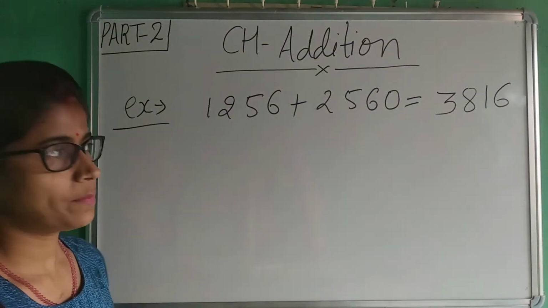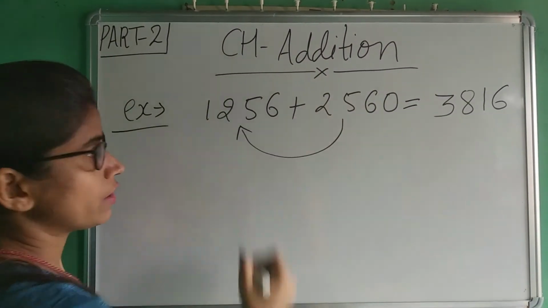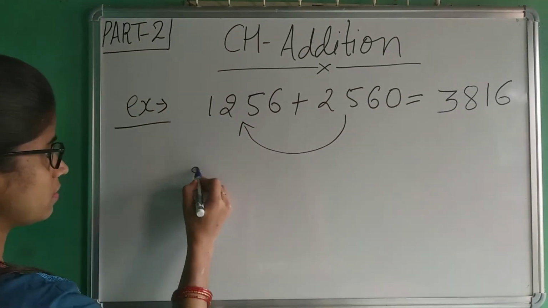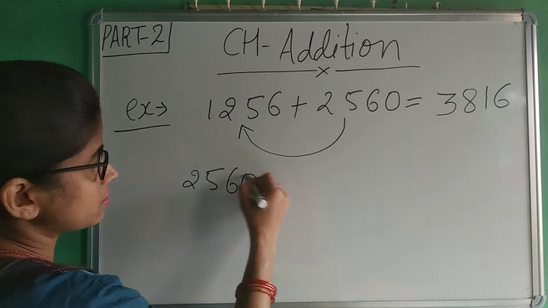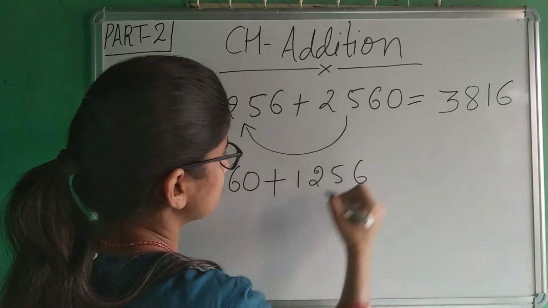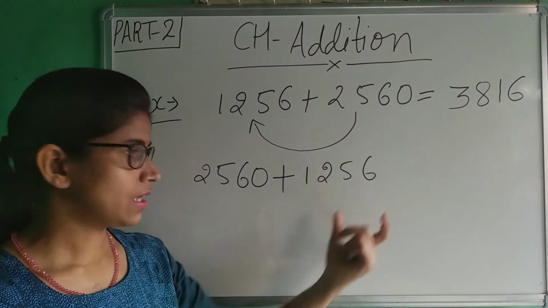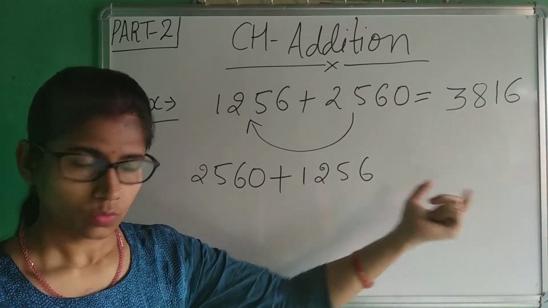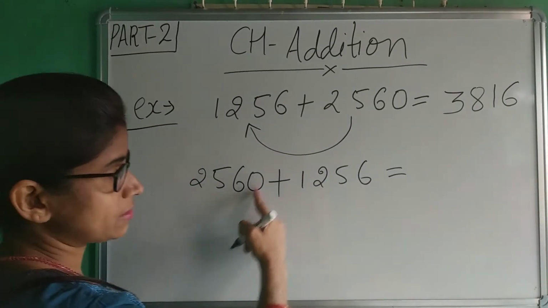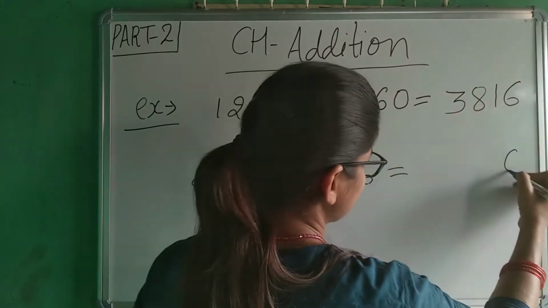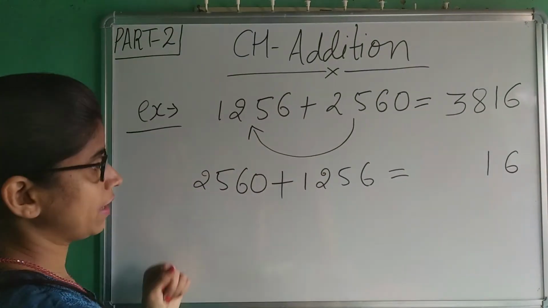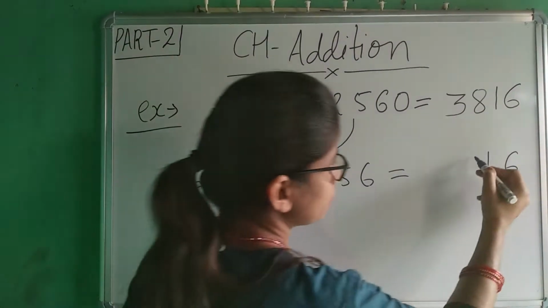What will happen when we change the order of the numbers? Means at this place, first we will take 2560, and then 1256. Will the sum change? No. You can check. 0 plus 6, 6. 6 plus 5, 11, 1, carry 1. Now, 5 plus 2, 7, 1, 8.